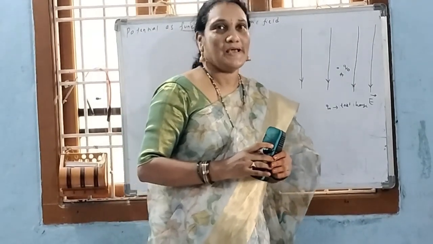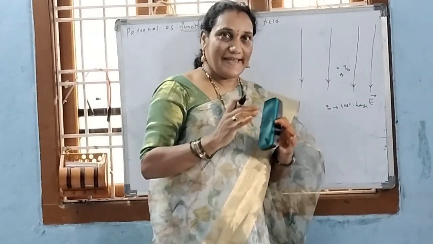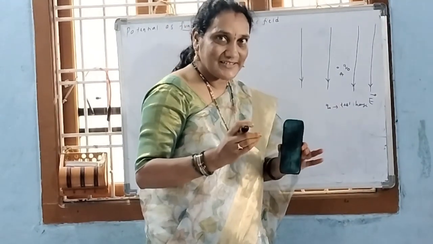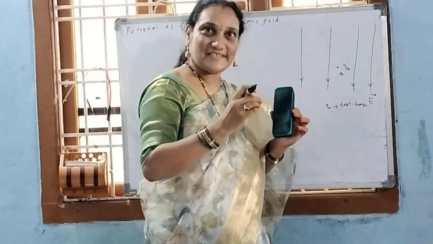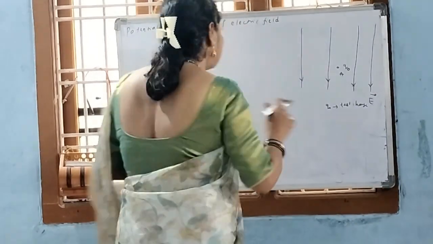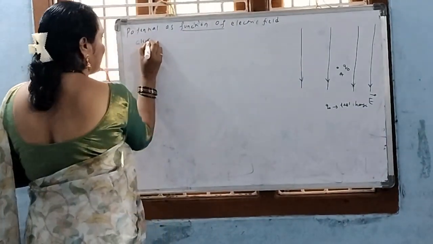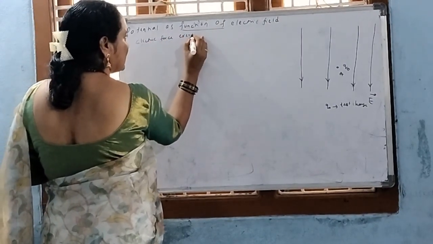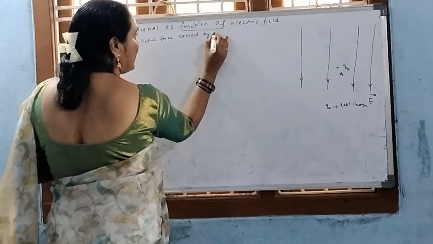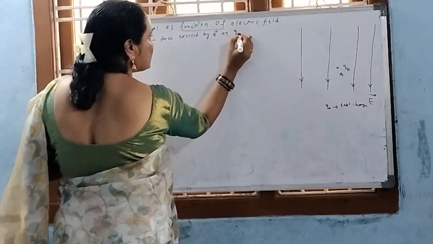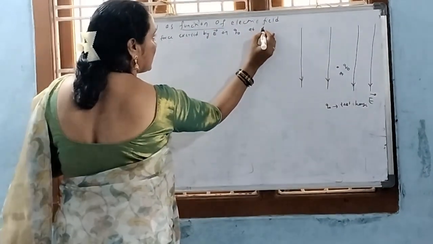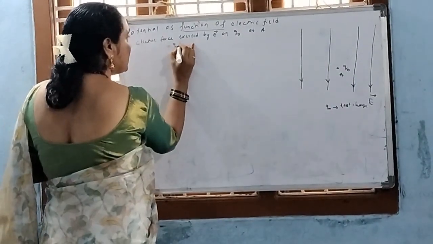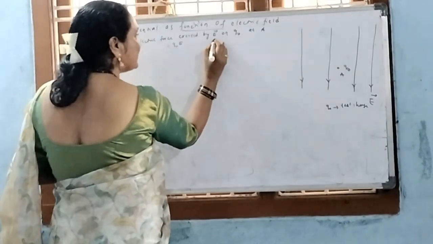This electric field will exert a certain force on this test charge. The electric force exerted by the electric field on test charge Q0 at A is Q0 E. From where did we get this?